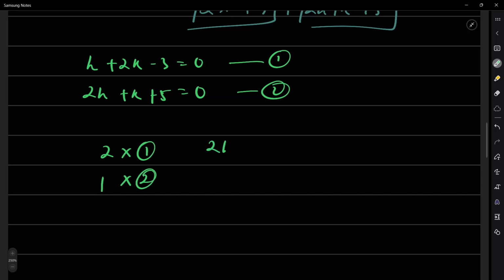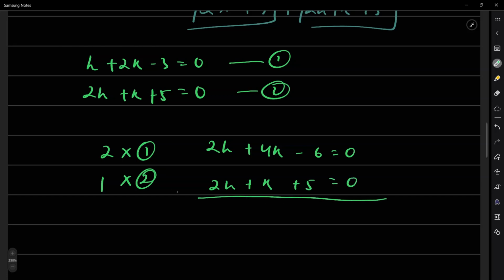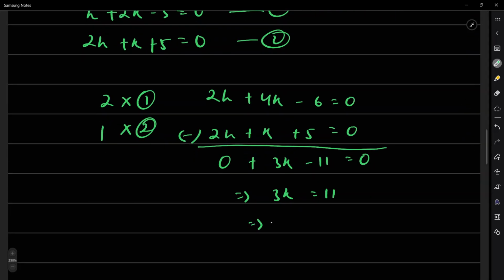So 2h plus 4k minus 6 equal to 0, and 2h plus k plus 5 equal to 0. So subtract this, it becomes 0 plus 3k minus 11 equal to 0. K becomes 11 by 3.